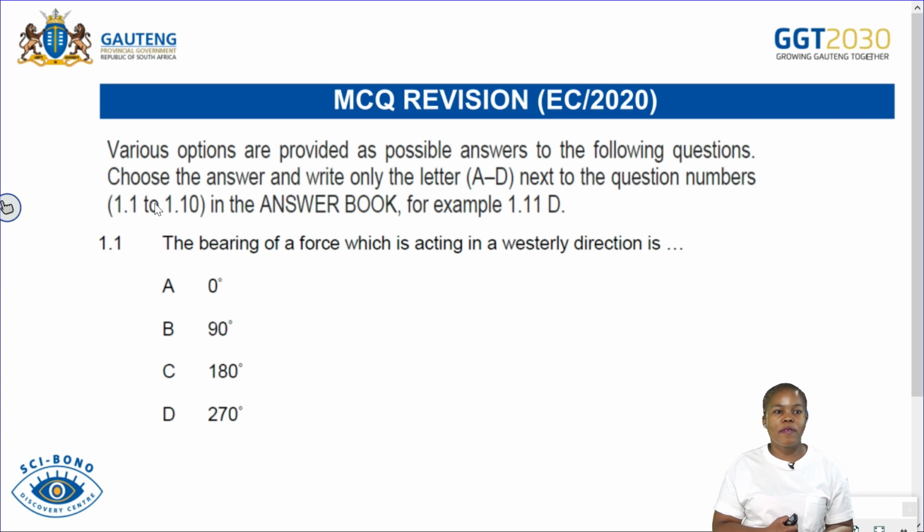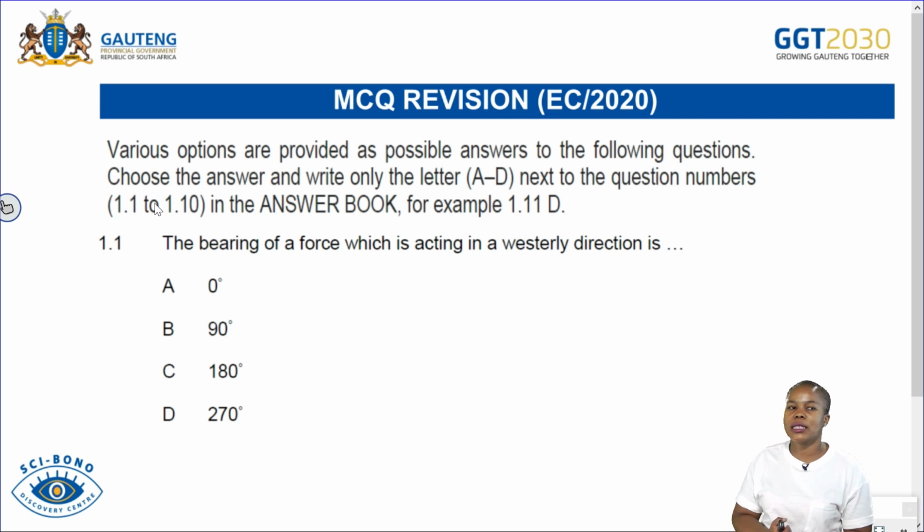Various options are provided as possible answers to the following questions. Choose the answer and write only a letter A to D next to the question numbers. For example, they've given us an example to say 1.1 to 1.10 in the answer book, and you only write a letter, for example, 1.11, and the correct answer, D.